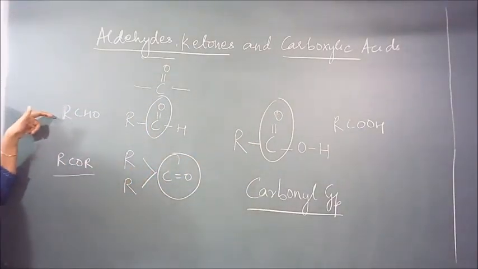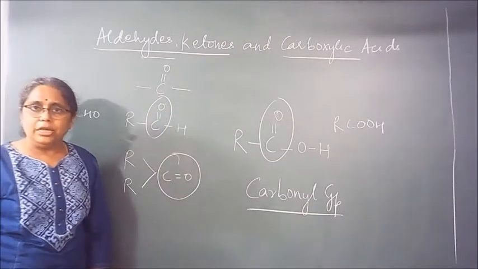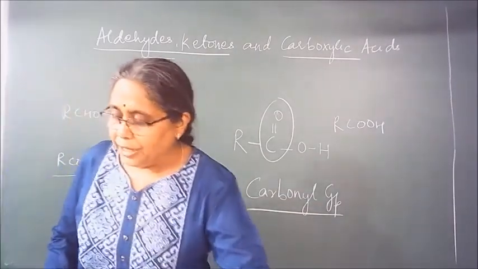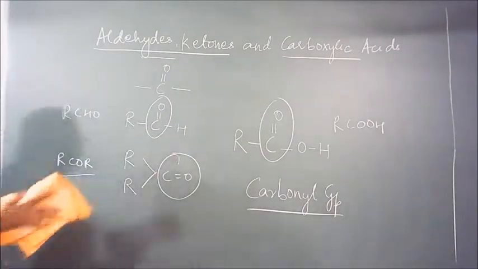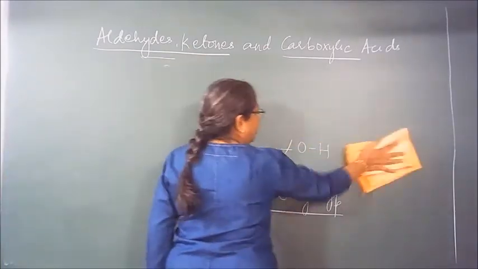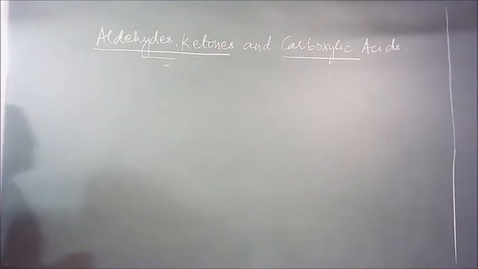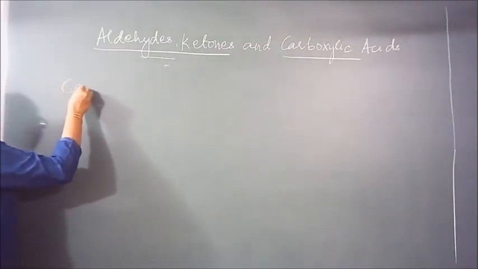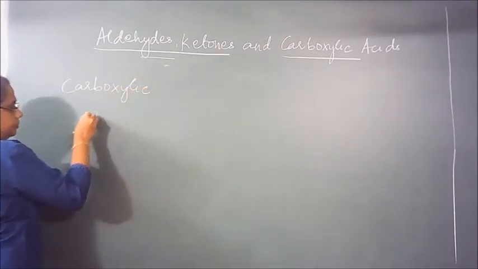So we have to study aldehydes, ketones and carboxylic acids. Now let us start with important aldehydes, ketones and carboxylic acids. When I talk about carboxylic acid, because I have to study it in detail, I should also know all the acid derivatives.